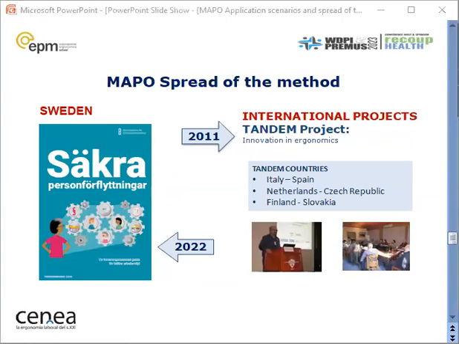MAPO has also been disseminated in other European countries, like the Swedish Agency for Work Environment Expertise, which proposes MAPO as one of the assessment methodologies to be used. Moreover, MAPO has also participated in international projects like the European Commission Tandem Project, whose objective was focused on innovation in ergonomics in the health sector for the improvement of working conditions and quality of care.